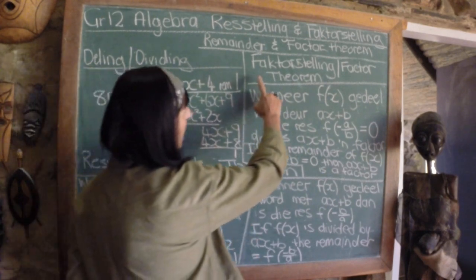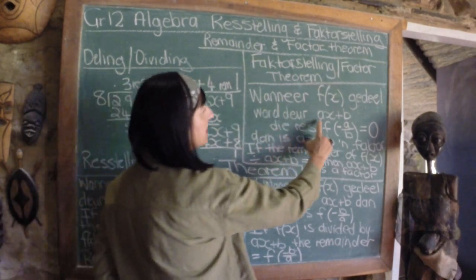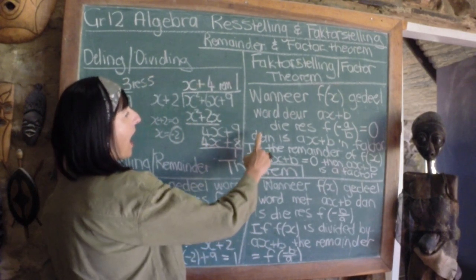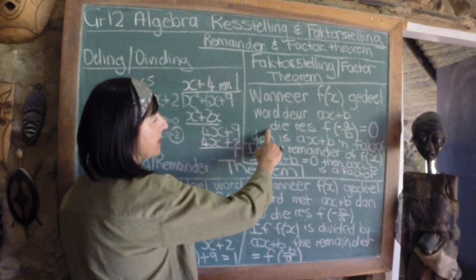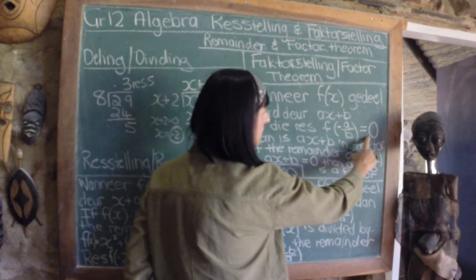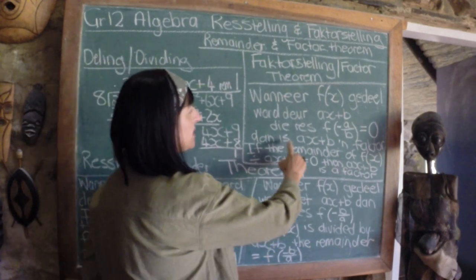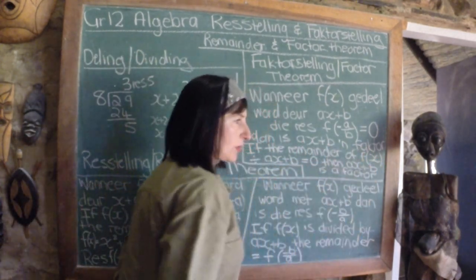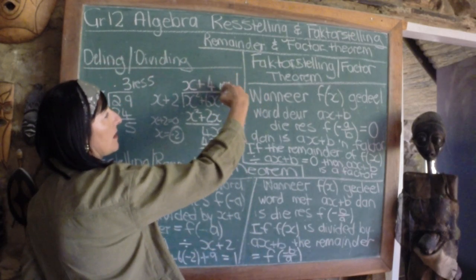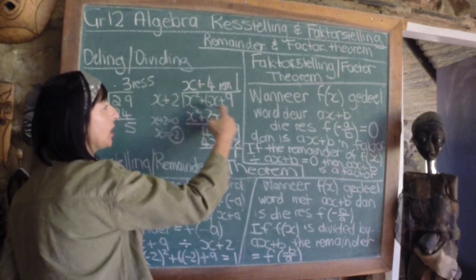Ons faktorstelling sê dat wanneer ek fx deel met ax plus b, then the remainder f minus a on b will equal 0. Dan is ax plus b 'n faktor. So met ander woorde, as ek 'n res van 0 kry, dan weet ek mos daai ding is deelbaar daardeur.